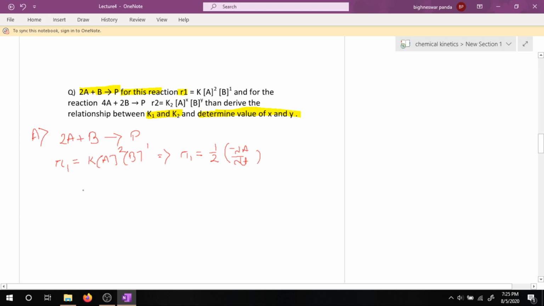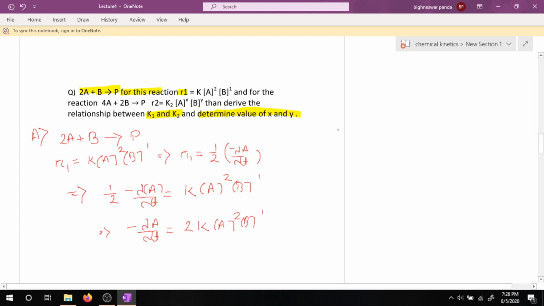By comparing, 1 by 2 minus dA by dt is equal to K A power 2 B power 1, or minus dA by dt is equal to 2K A power 2 B power 1.